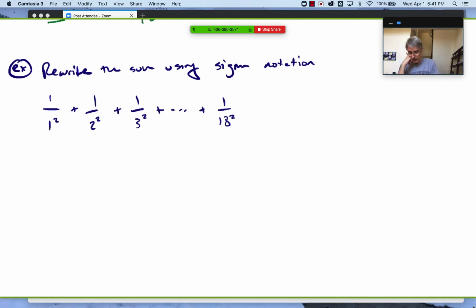And so you have to sort of recognize what the pattern is, that in each instance that looks like that could be I equals 1 and then I equals 2 and then I equals 3. And so this would be I equals 18. So my sigma is going to start with an I equals 1 at the bottom and go to 18 on the top. And then what's the formula for the sequence? 1 over I to the second power.